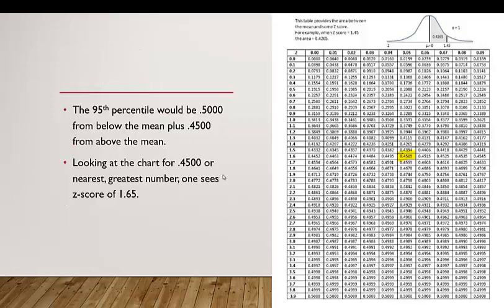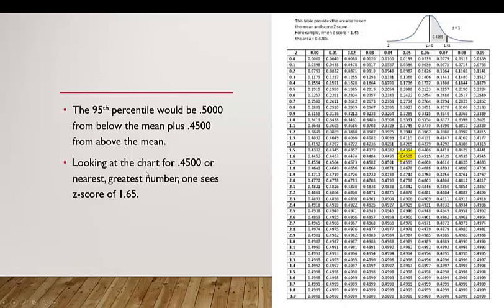The first thing we need to do is find out what the 95th percentile looks like. We know that the 95th percentile is positive, so we're going to have 0.5000 at the bottom. We need to look at the closest thing to 0.4500 above the mean, because when we add that to our 0.5000 from the bottom, that will give us 0.9500. So we have to be in at least that range at a minimum.